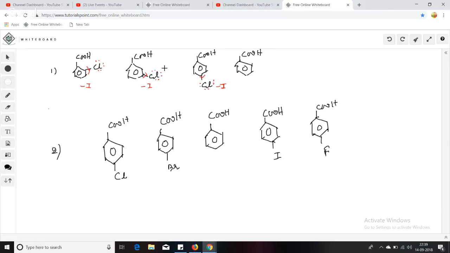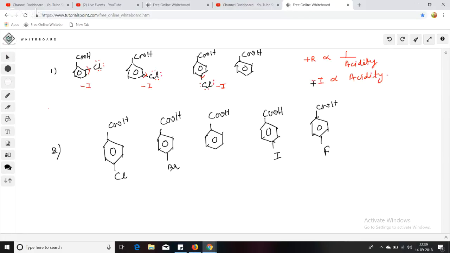You see, minus I, and the lone pair is what? It is plus R: the tendency to donate this lone pair of electrons to the ring. Because of this plus R, acidity decreases, and because of minus I, acidity increases. So what factor do you have to consider here, because both are opposing each other?